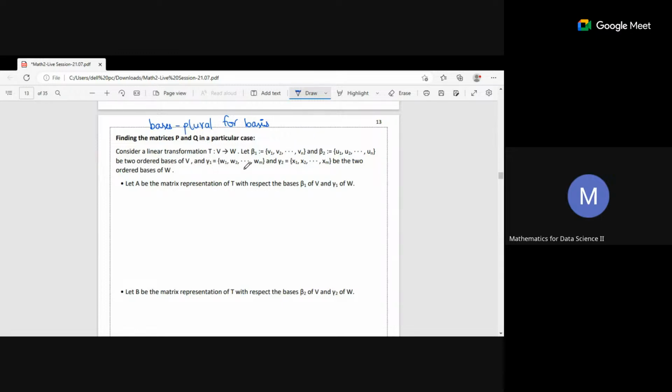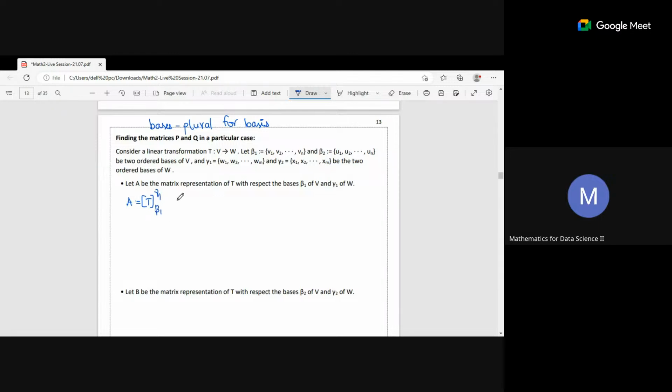Gamma 1 is equal to W1, W2, up to Wm, and gamma 2 is equal to X1, X2, up to Xm. These two are ordered bases for W. So we have beta 1 and beta 2 for V and gamma 1 and gamma 2 for W. Now A is the matrix of T with respect to basis beta 1 of V and gamma 1 of W. So it means A is equal to T with beta 1 and gamma 1.